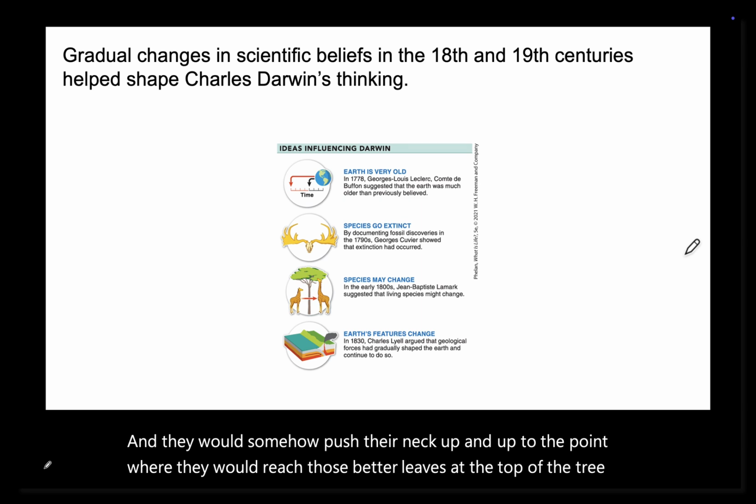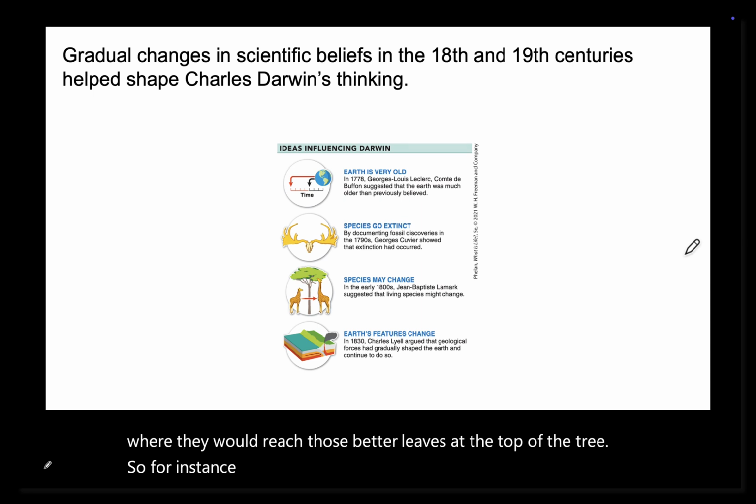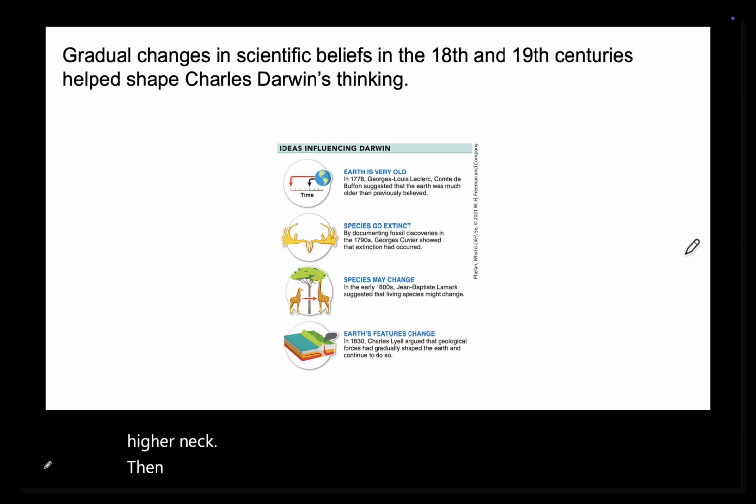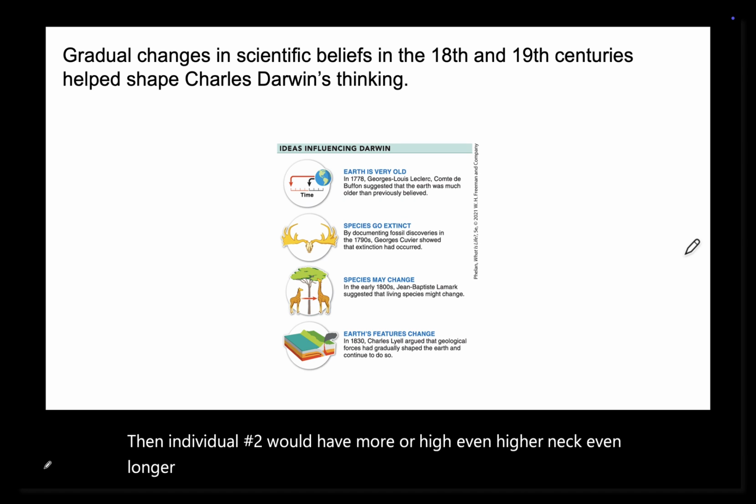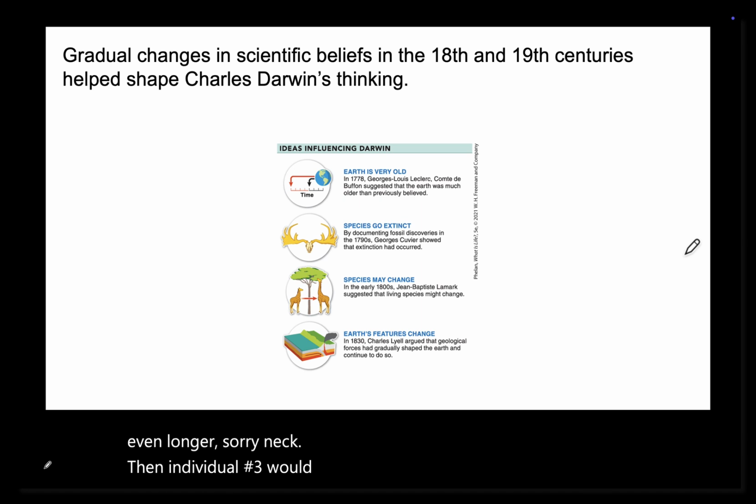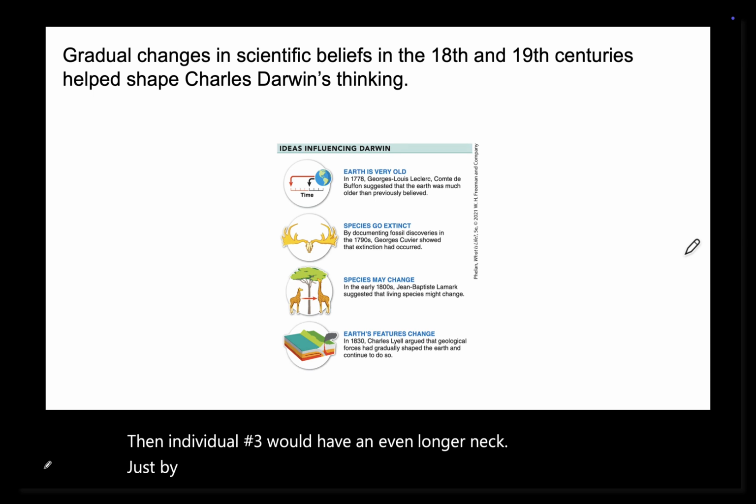So for instance, the individual number 1 would have a few inches higher neck. Then individual number 2 would have an even higher, even longer neck. Then individual number 3 would have an even longer neck, just by pushing that neck over and over.